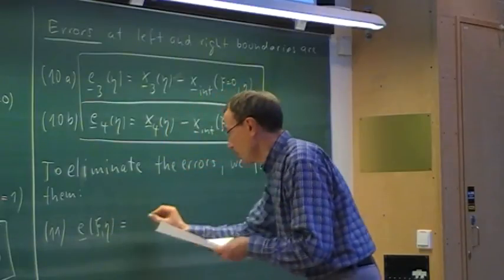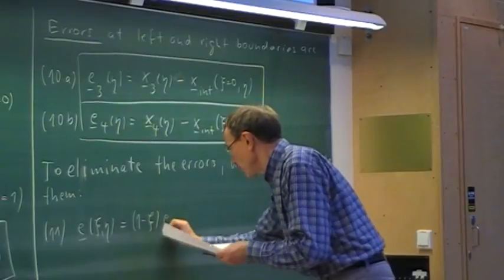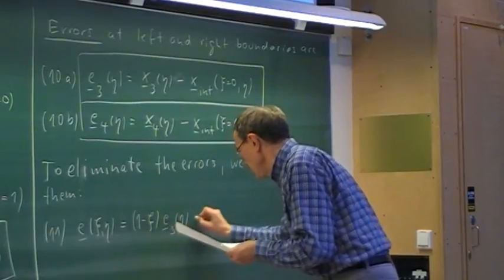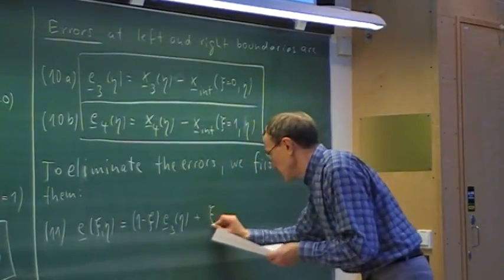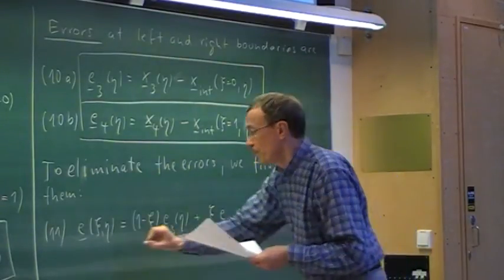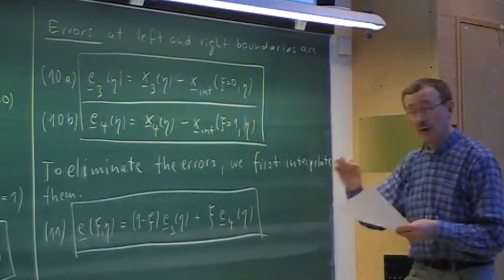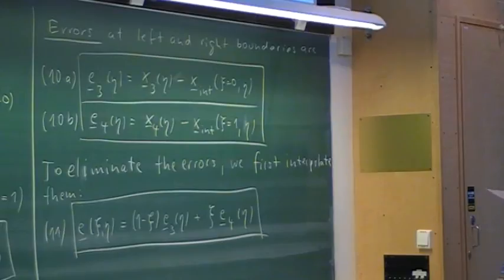So we interpolate them between the left boundary, that is the E3 of eta, and the right boundary, that is the E4 of eta. So then we have the errors defined in the whole domain. And now we can do what I said.